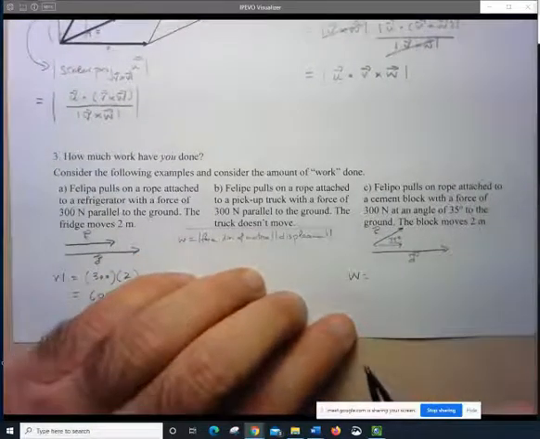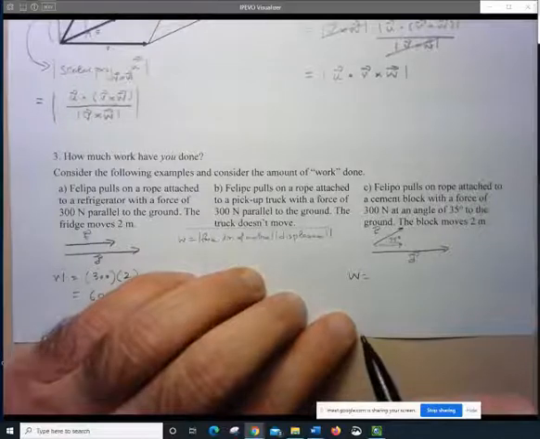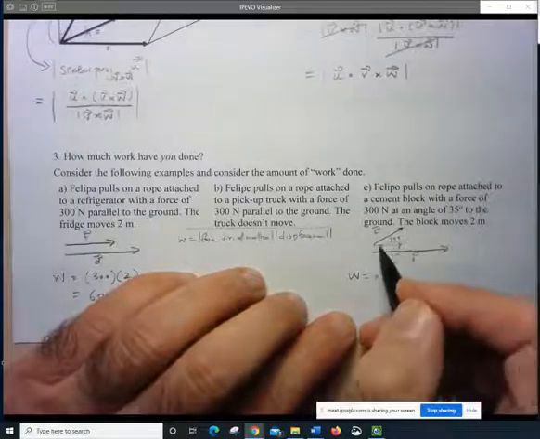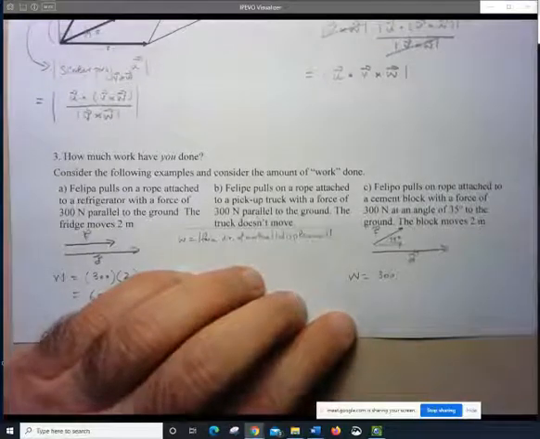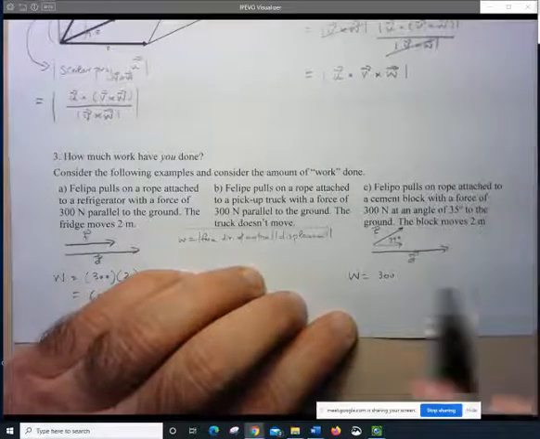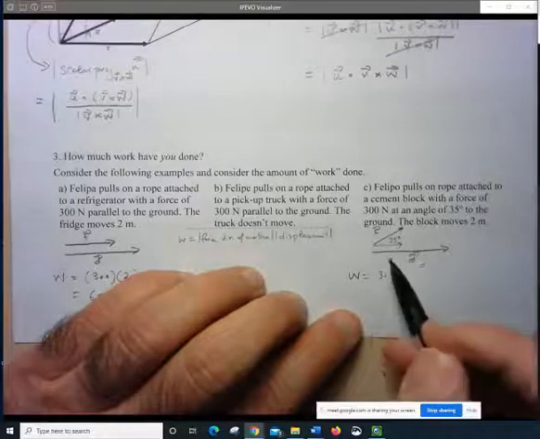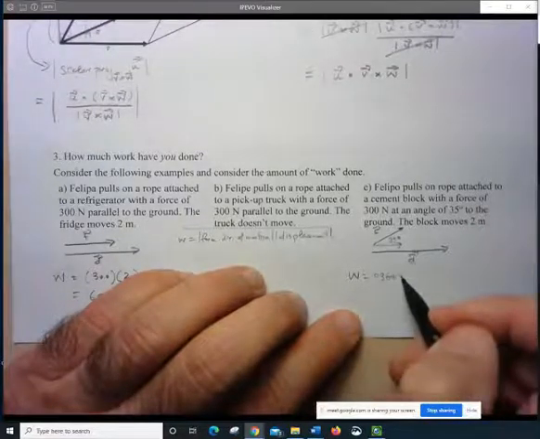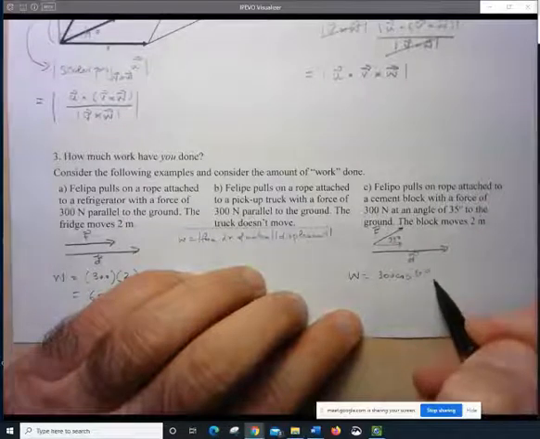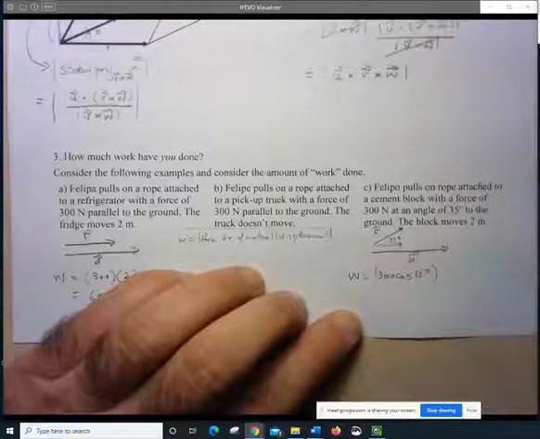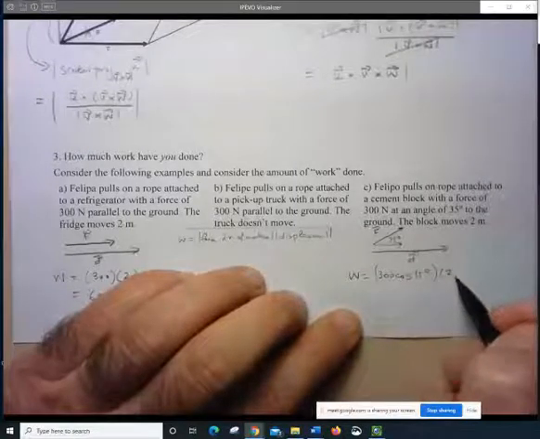We know that the horizontal component of this force is just going to be the force, 300, times, in this case, because it's the, what do you call that? Adjacent side, is just going to be cos of 35. Okay, so this is the force in the direction of motion, and then it's still moving 2 meters.